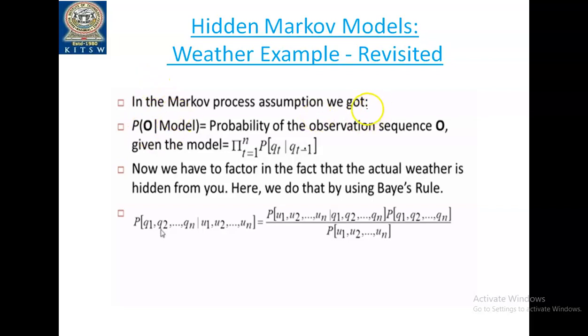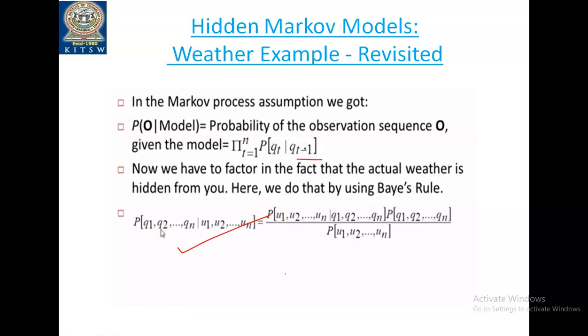And in the Markov process assumption, the probability of observation for a given model depends only on the previous state. The current state probability can depend upon the previous state. That's all. All other states I am not going to consider here. A similar example here. But now in this weather example revisited, we are going to consider the Bayes principle, which is very important for us.